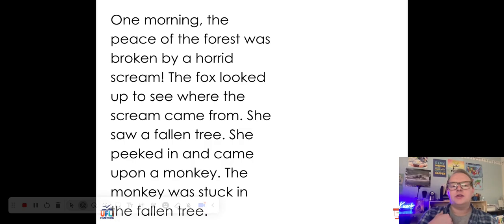One morning, the forest was broken by horrid... The fox looked up to see where the came from. She saw a fallen. She in and came upon a... The was stuck in the fallen.